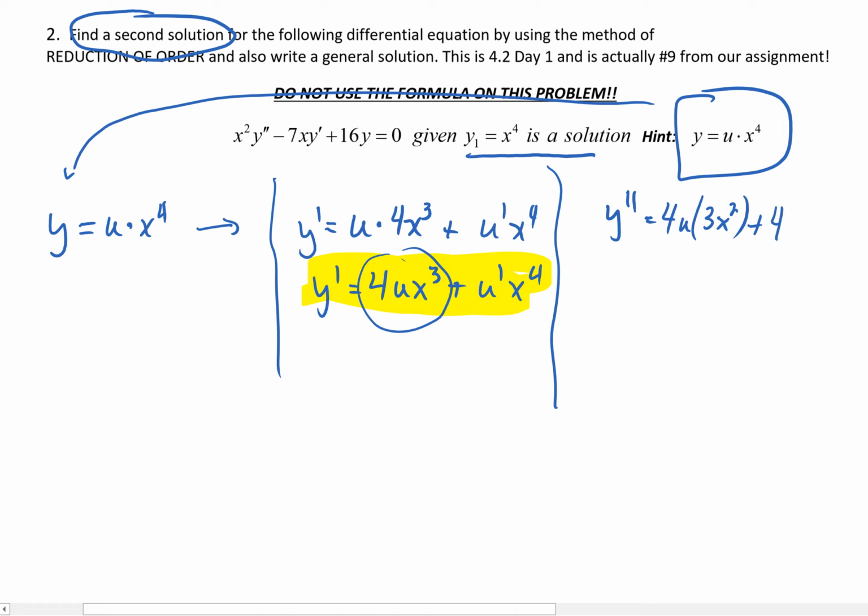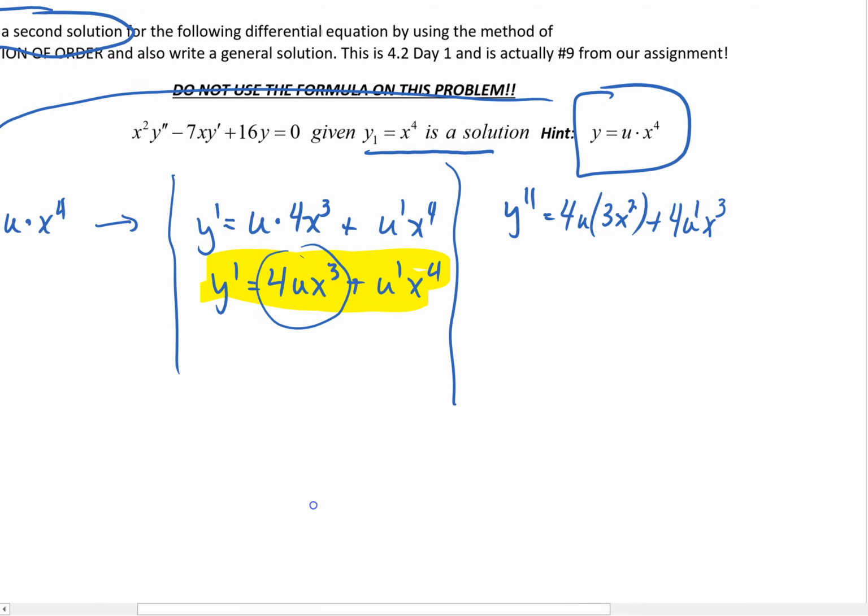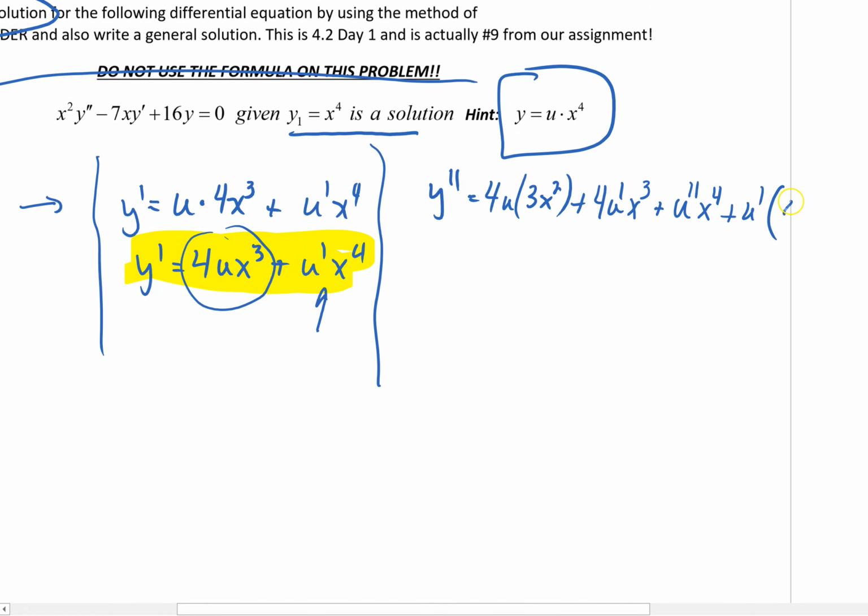But then we'll have a 4u prime times x to the third. Now it's at this point that we also have to be aware that there's this other part that we have to use the product rule on. The derivative of u prime is u double prime. And then we'll have our u prime times the derivative of x to the fourth. That's going to be a 4x cubed.